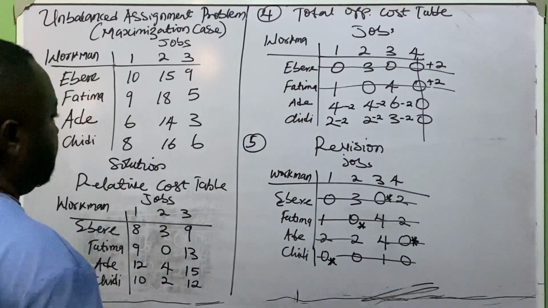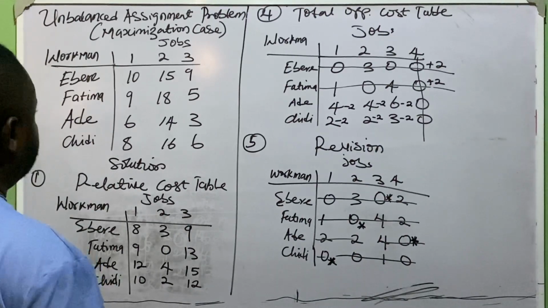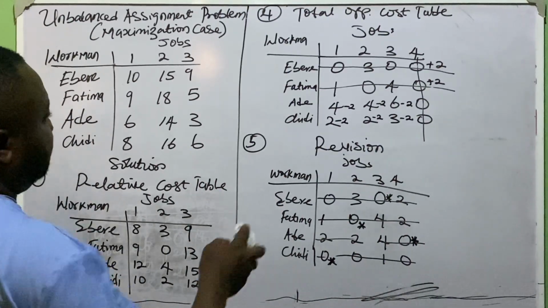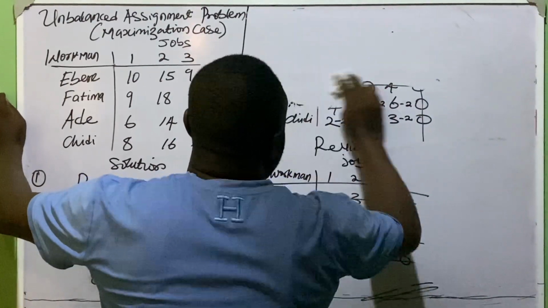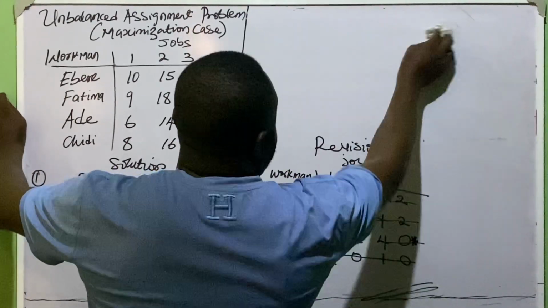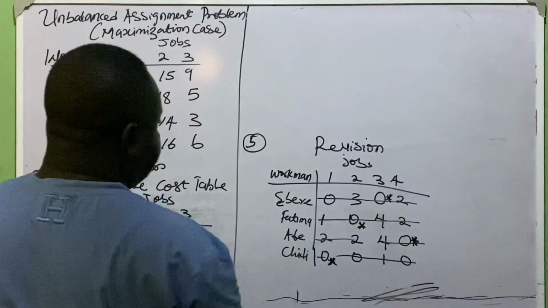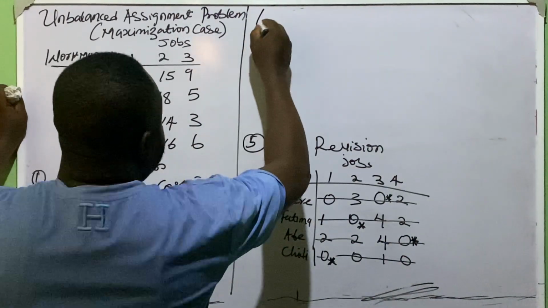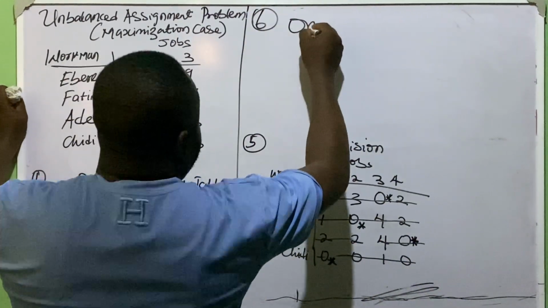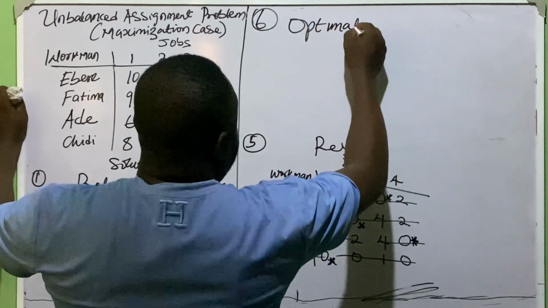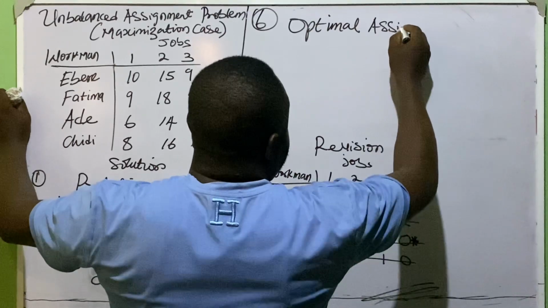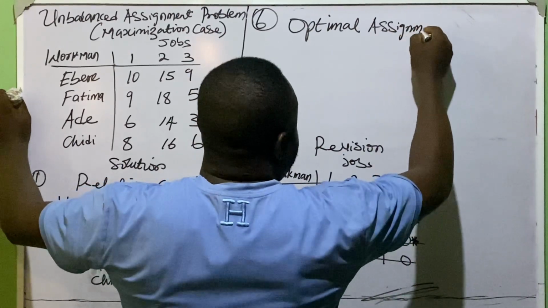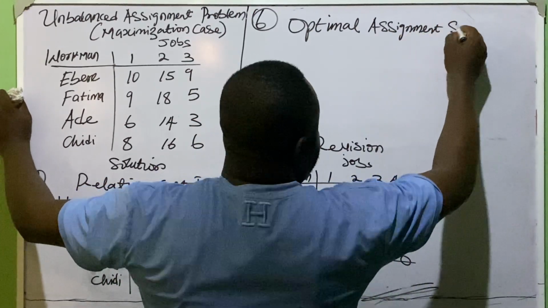So now the optimal assignment schedule can be brought here. We should now label step 6, the optimal assignment schedule.